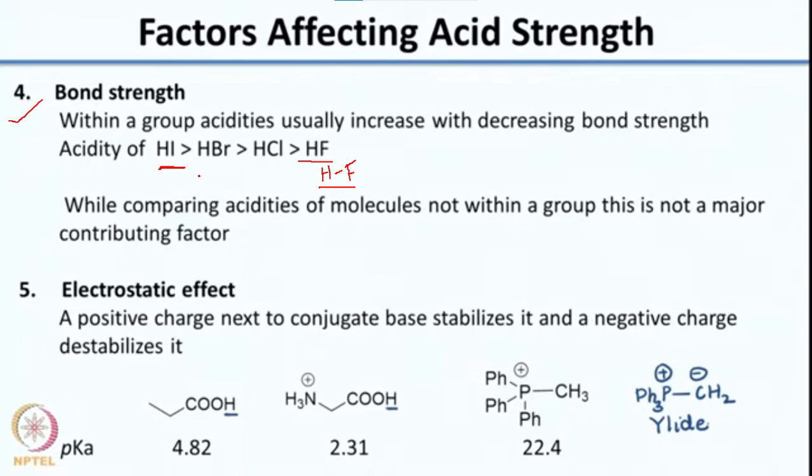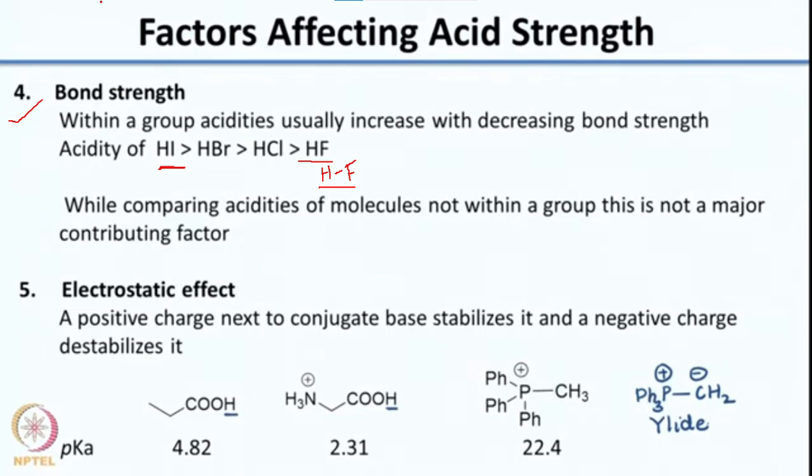Now let's talk about the fifth factor, that is the electrostatic effect. So what is the electrostatic effect? A positive charge next to the conjugate base will stabilize it and a negative charge will destabilize it. That is called the electrostatic effect.